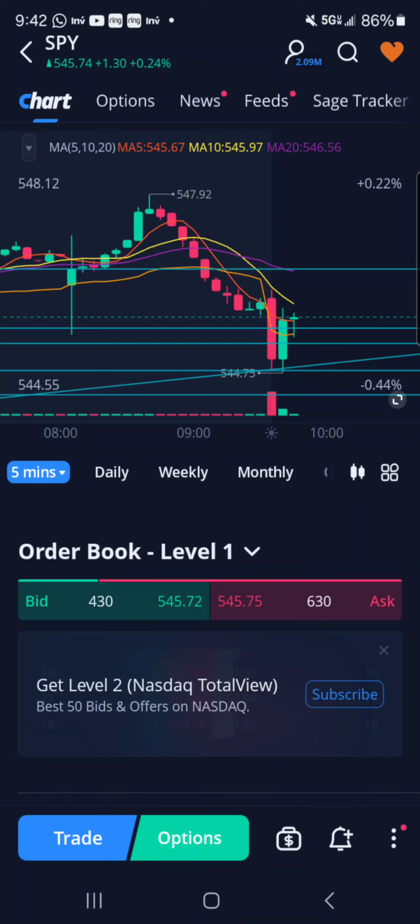It came down halfway on the 5-minute. We took the entry. It's betting on a reversal. So we're not getting in while the price is above the target entry levels, which would be above the moving averages. But we're betting on the reversal based on price action, which is the candlesticks.